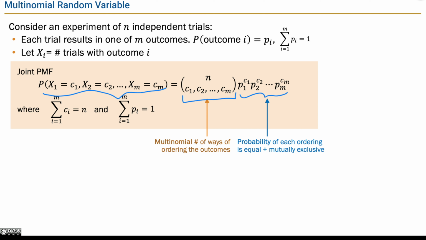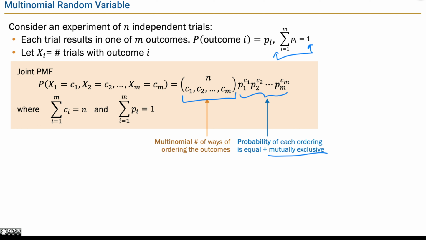Now, what are all these p sub 1s versus p sub 2s? That's representing that I'm allowed to have different probabilities for the different outcomes. I had a different probability of a blue marble than I did for a red marble. Altogether, those probabilities have to add up to 1 because they have to account for every possible outcome, and they're mutually exclusive. So this is my closed form function for the joint PMF.